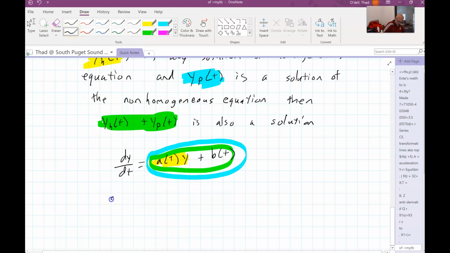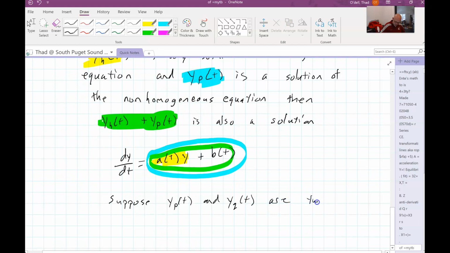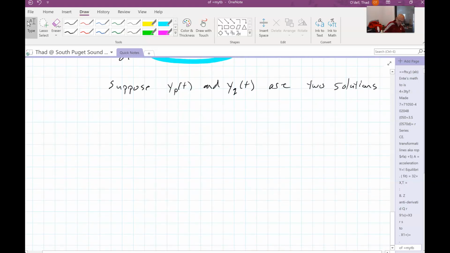And likewise, suppose y sub p of t and y sub q of t are two solutions of the non-homogeneous equation.